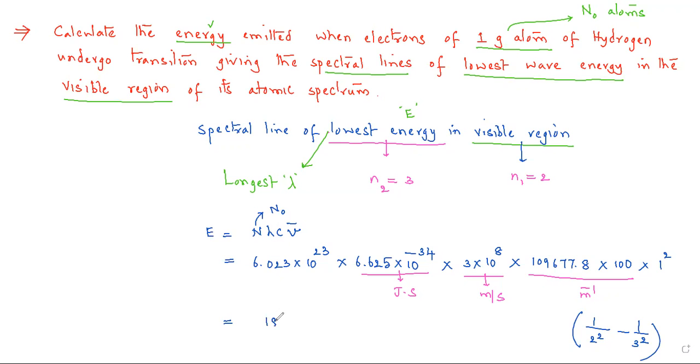Let me straight away write the final answer. That will be 182.8 kilojoules. Simplification of course takes too much time, so I've just given you the final answer. Okay. Next.